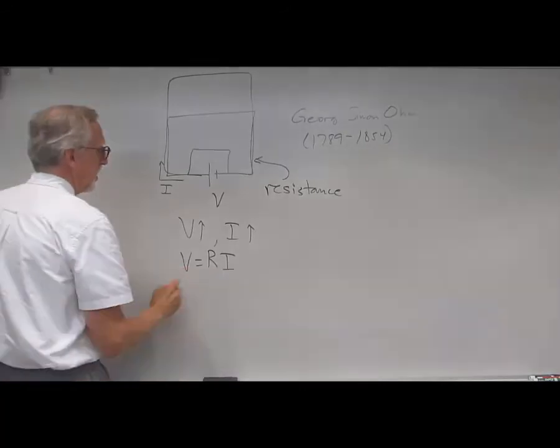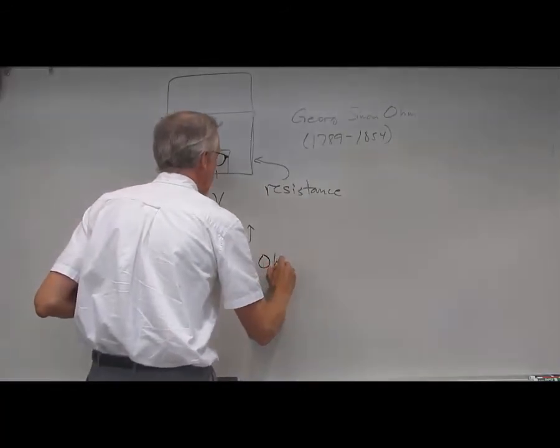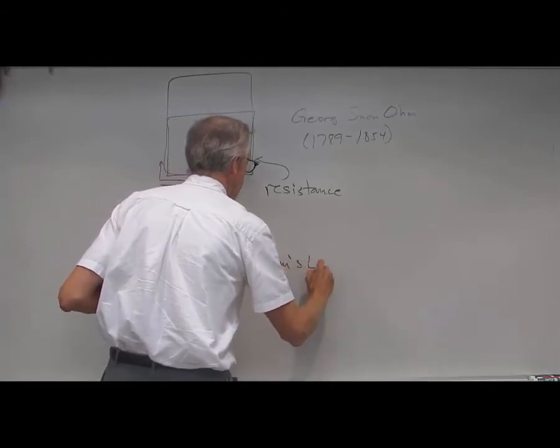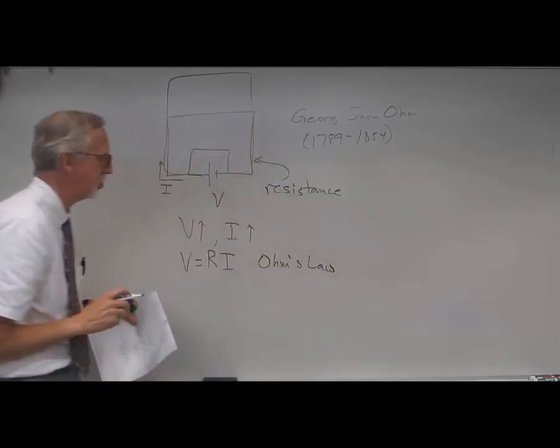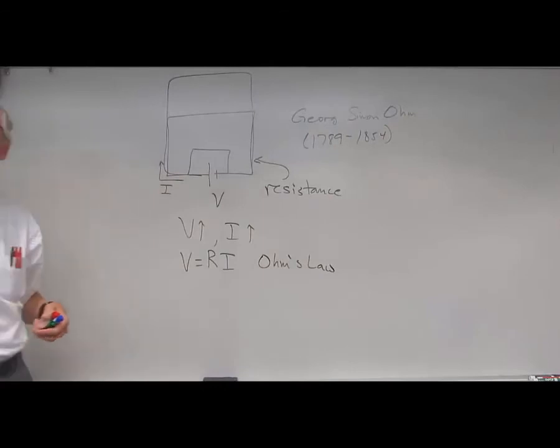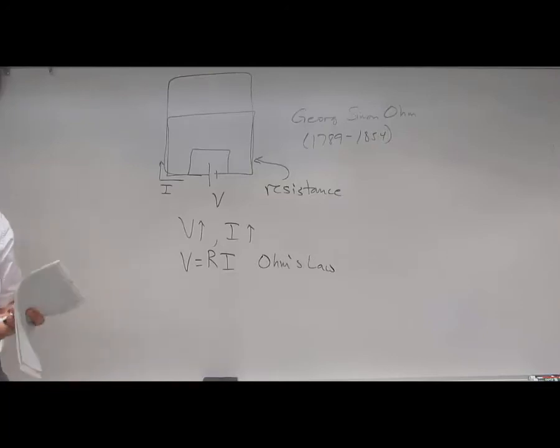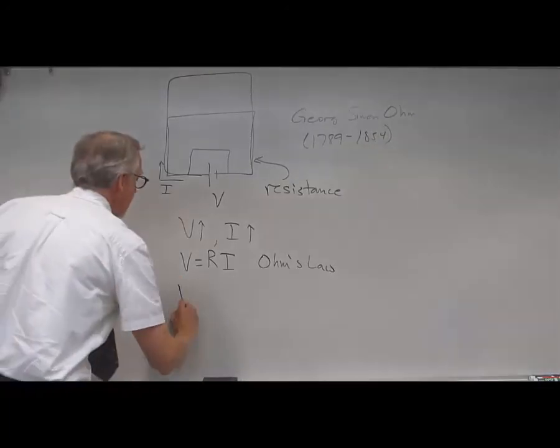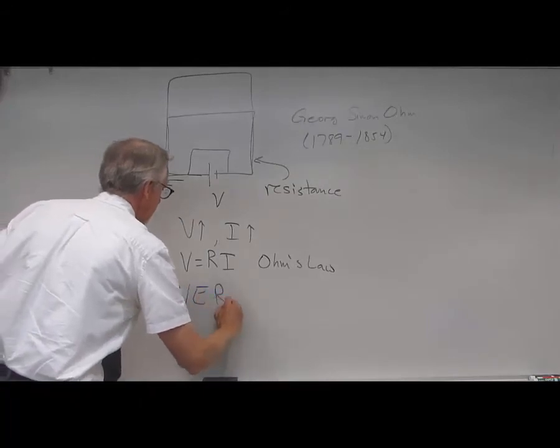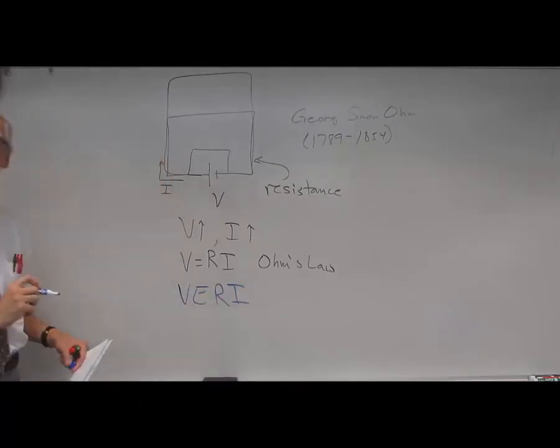Okay, this result is what we will now refer to as Ohm's law. So that is Ohm's law. This is a very important result. Okay, I want everyone to repeat this with me. It is a very important result. Why is this a very important result? It is a very important result.